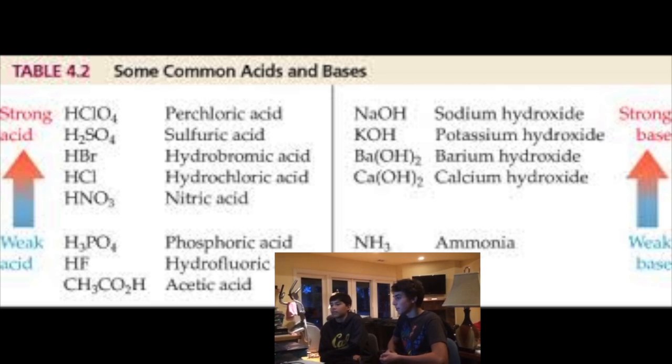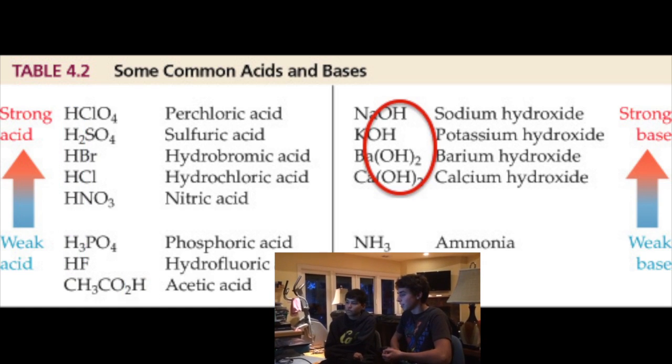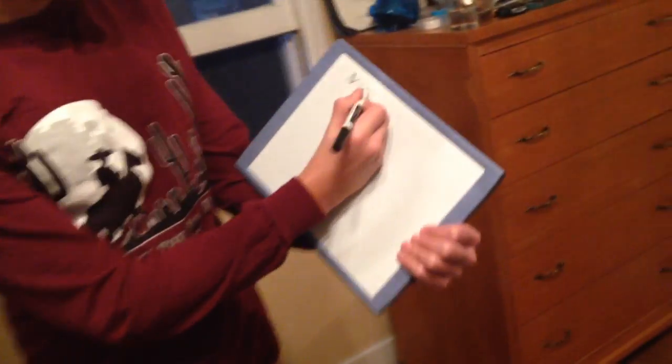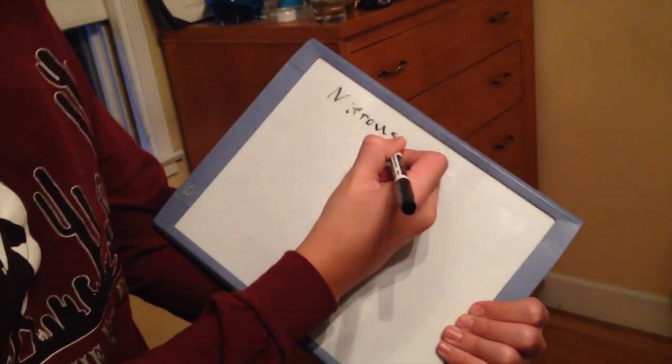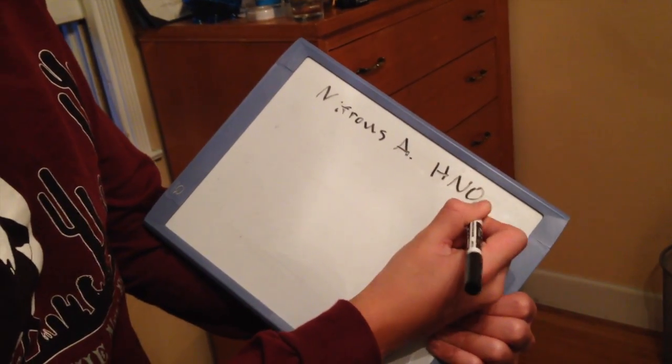Here's a chart with some examples of acid and base formulas. As you can see, the acids have hydrogen while the bases have hydroxide. One of the ways you can identify acids is because acid compounds begin with hydrogen. For instance, nitrous acid is HNO2.